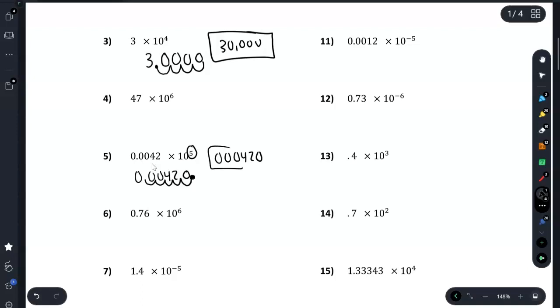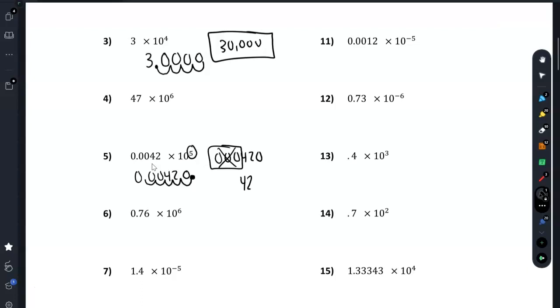It's very uncommon to see zeros in front of your whole number, so let's go ahead and eliminate those. So I have 420 as my solution here. So once again, I'm just grabbing the decimal, moving it to the right, and I might have to add zeros. In this last case, I needed to get rid of those zeros in front because we usually don't keep zeros in front of a value as long as they're not behind the decimal place.